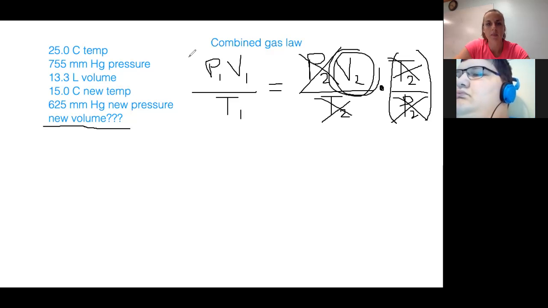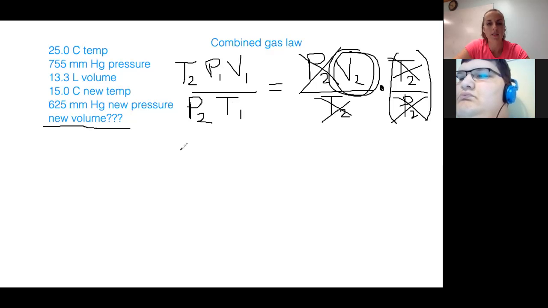And I have to do the same thing to this side. So I'm going to multiply this side by T2, just like I did here, divided by P2, which means my new equation to solve for the second volume is going to be T2 times P1 times V1 divided by P2 times T1.